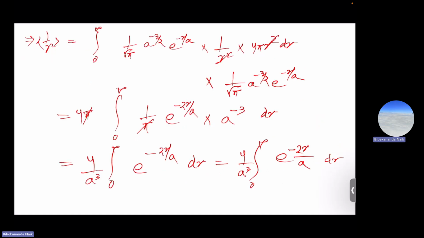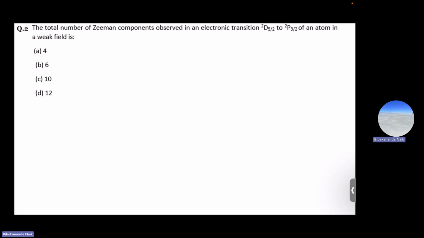Now we will move to question number 2. The question says: the total number of Zeeman components observed in an electronic transition of 2d 5 by 2 to 2p 3 by 2 of an atom in a weak field is, options are option A 4, option B 6, option C 10, or option D 12.